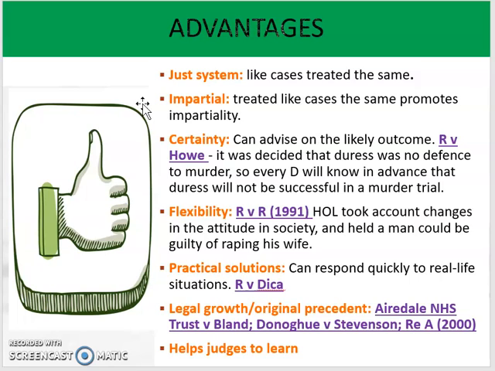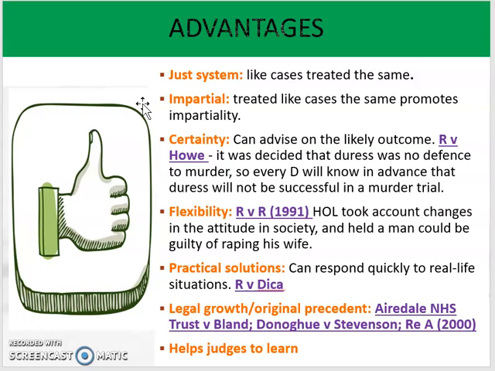Because judges, if they are simply applying a binding ratio from a previous case, are less likely, hopefully, to be making decisions based on prejudices. Because they're not going to be looking at that particular defendant and what that particular defendant has done. They're simply going to be applying the rule from, for instance, how duress is no defence to murder.